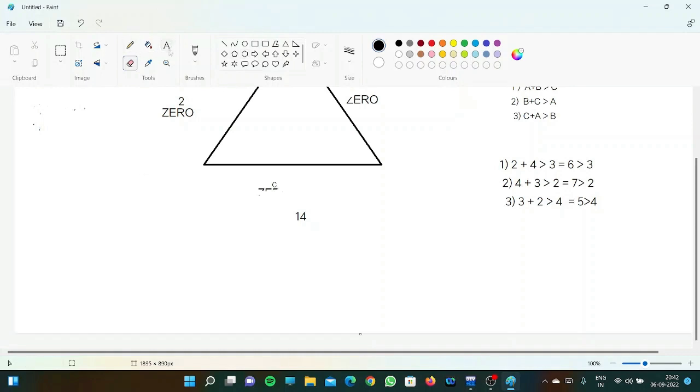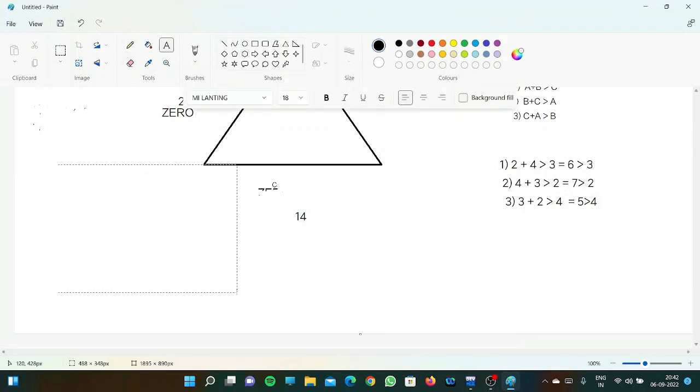So you have 3 numbers, right? You have A, you have B, you have C. Now you have to find the greatest number among these 3. Let's assume that they are 7, 3, 5.